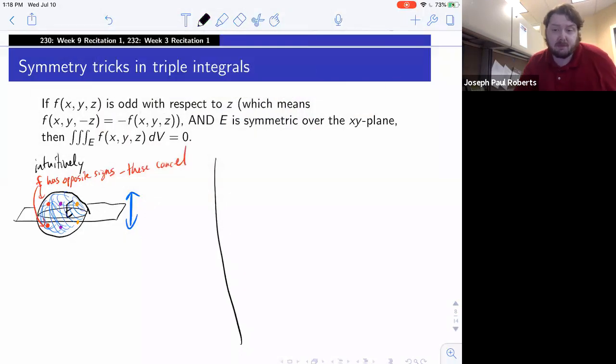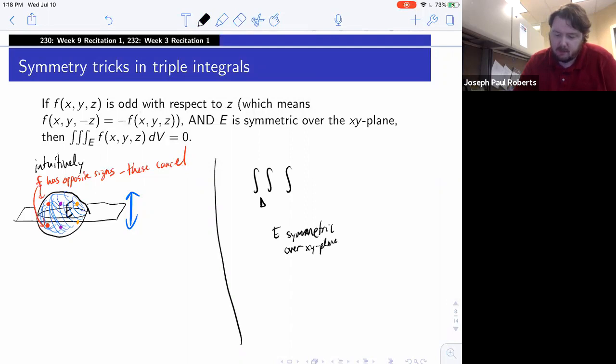But if you're a little bit suspicious of this, if you were to set this up, with the symmetry in the region, so E symmetric over the xy plane, you would have minus u of xy as your bottom surface, and u of xy as your top surface.